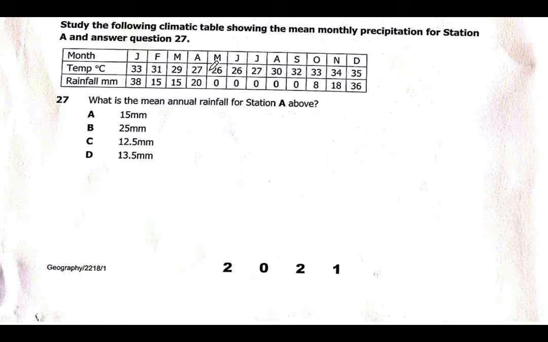So we have the month, then temperature, and then rainfall. Now we are calculating the mean annual rainfall for station A above.